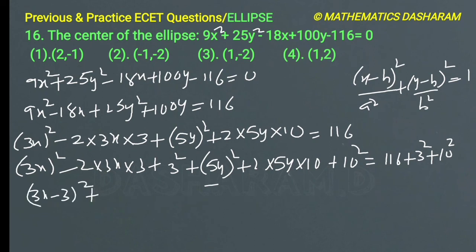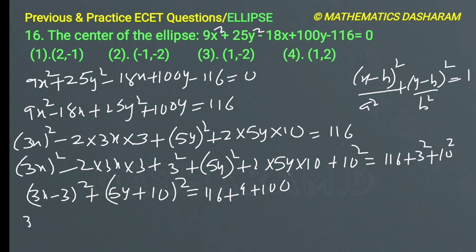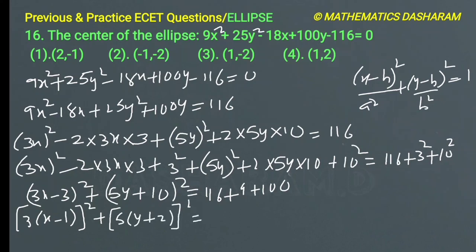Next here a square plus 2ab plus b square. 116 plus 3 square 9, 10 square is 100. So from this we can take the 3 common, so x minus 1 whole square. From these two we can take the 5 common, so 5 bracket of y plus 2 whole square.